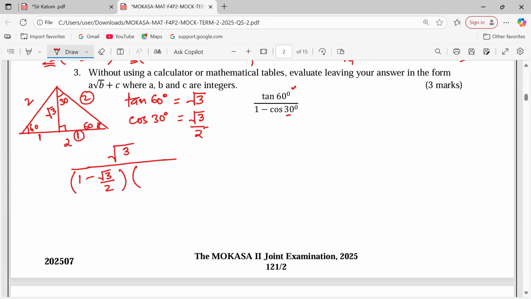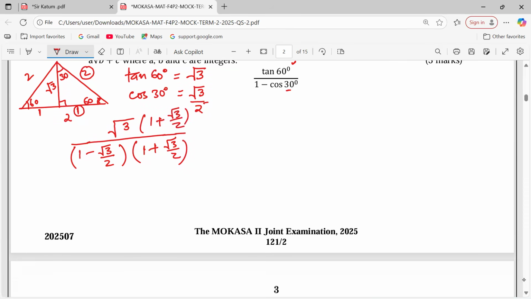You don't have to make it a different step. You start working automatically. 1 plus the root of 3 over 2. That is the conjugate of the denominator. And just to ensure that the value of this expression is not tampered with, we multiply even the numerator with the same.